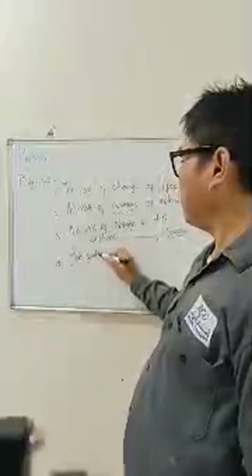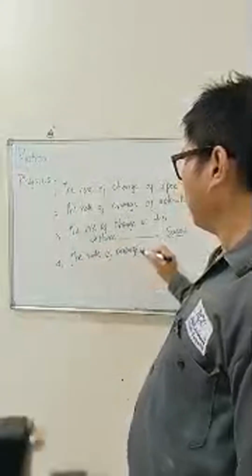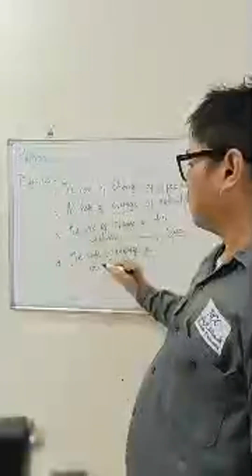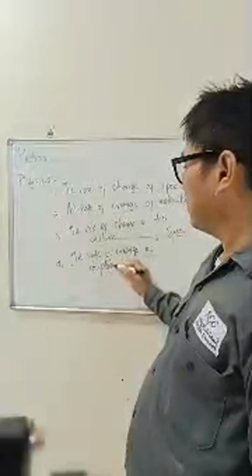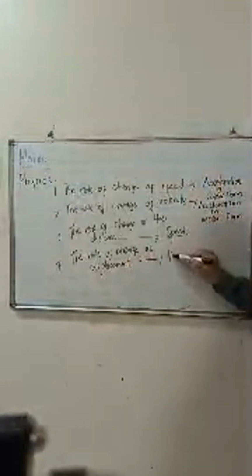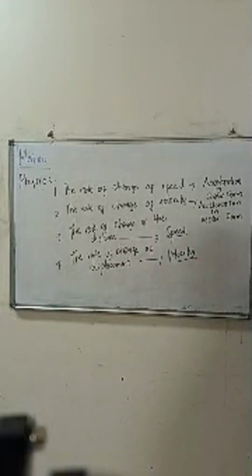Number four, the rate of change of displacement. What's this all about? This is the velocity. Velocity is a vector quantity, with both direction and magnitude.